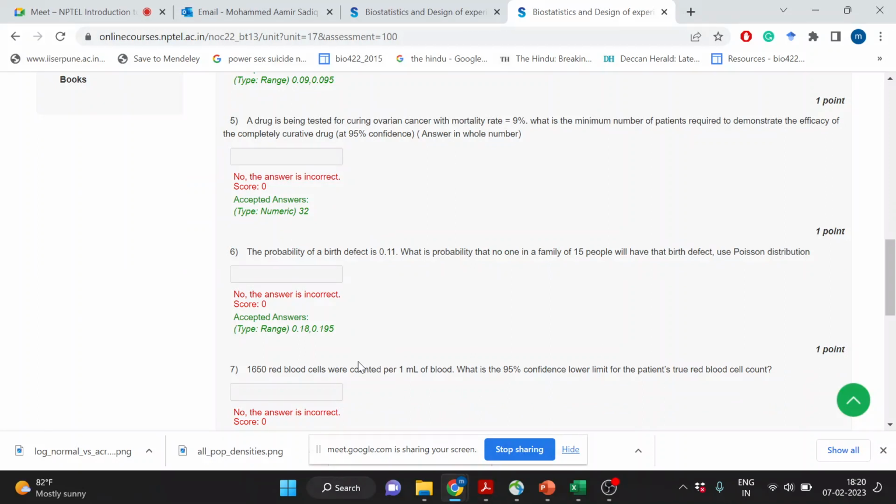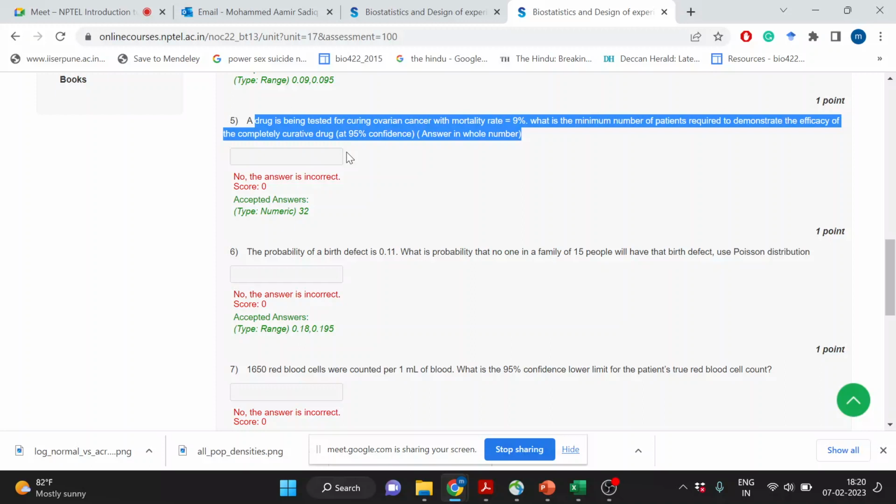The probability of a birth defect is, no, okay, it's this. A drug is being tested for curing ovarian cancer, and the mortality rate while this drug is being tested is 9%. What is the minimum number of patients required to demonstrate the efficacy of the drug at 95% confidence? Do you understand this question, everyone? Can someone explain the question to me?